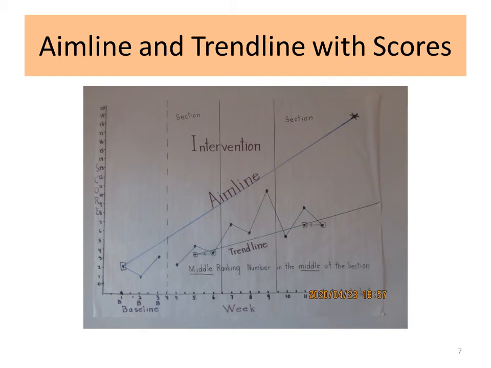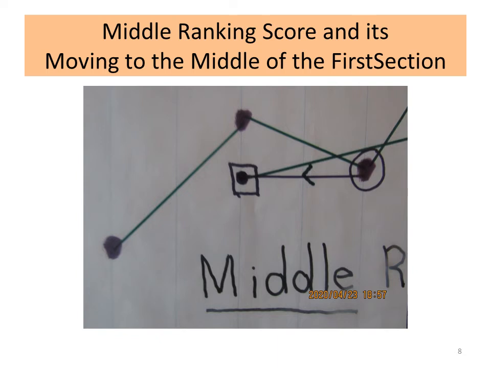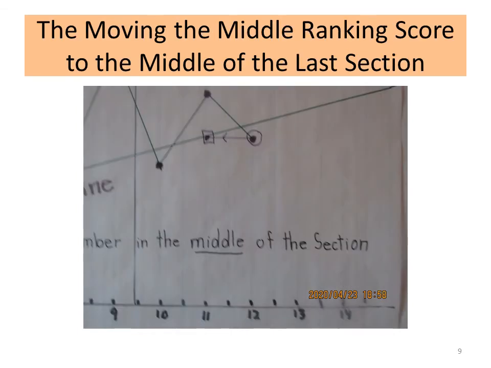So what does this mean? Okay, if you look at this slide, you will see how I moved it. See, I've got that original score, I moved it to the left, and I drew a box around it. With the last three scores, I did exactly the same thing.